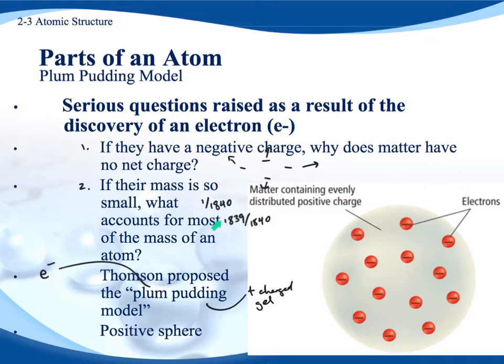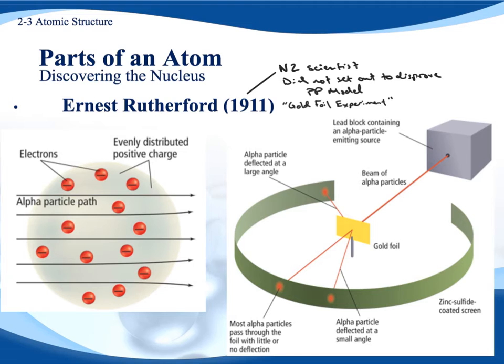All this space in here is the positive charge, evenly distributed positive charge, all right? Not that they're particles, it's just a gel, okay? He's saying that all of that is positively charged. And that's hopefully also explaining what the rest of the mass is. Okay, so that's his goal. So Thomson proposes the plum pudding model.